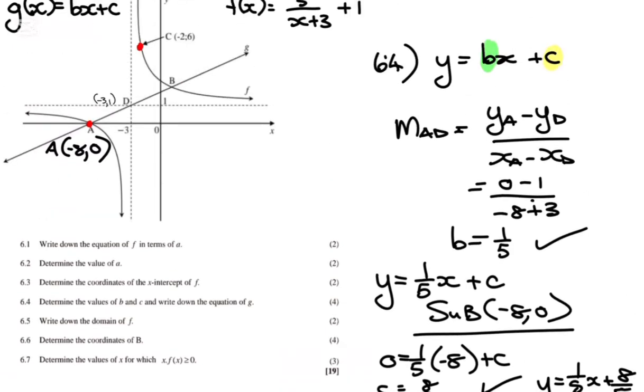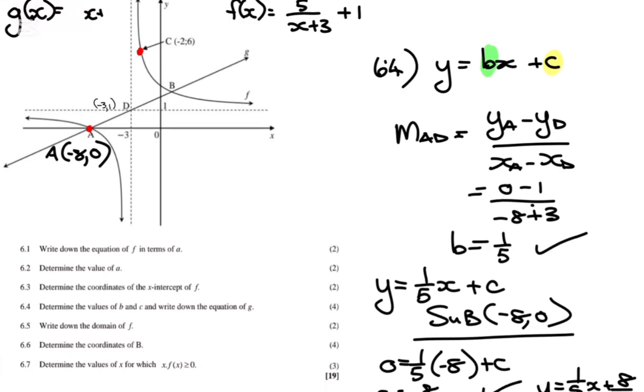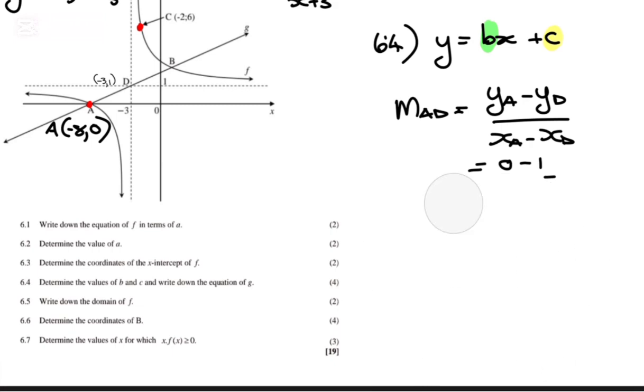And that's my equation. I'm just going to rectify this quickly. Because I found my b, I found my c value. My b value was a fifth, and my c value was 8 over 5. So I'm just going to put it back into my sketch and my original equations, because I will probably need that to find the other equations or do the things around it.